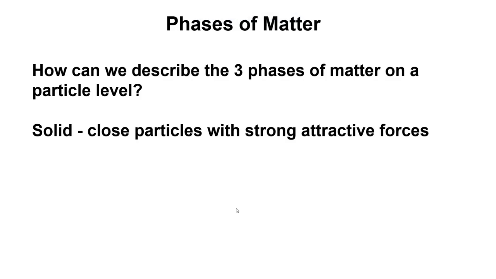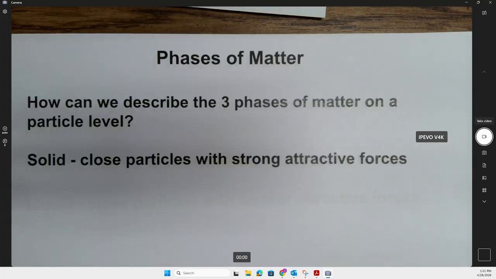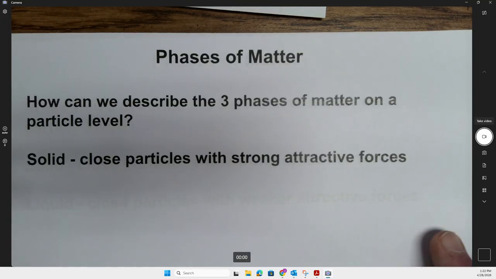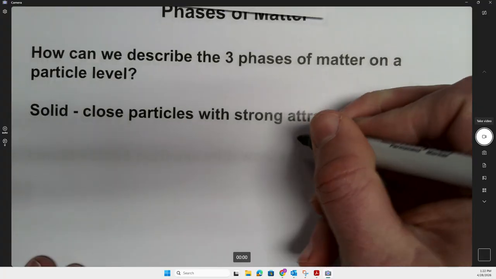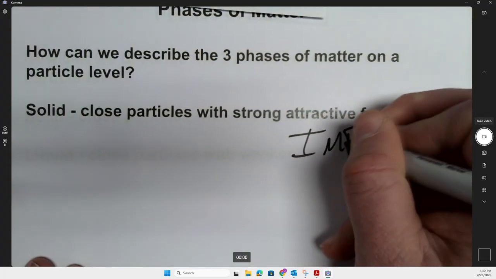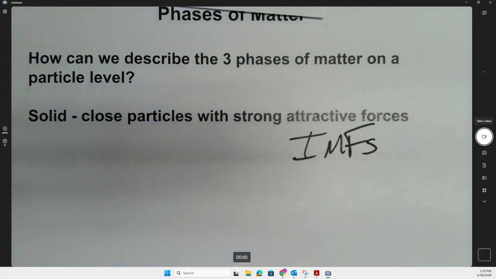Now, when we say solid, close particles with strong attractive forces. When I say strong attractive forces, of course, I can't write on the board to make this easy, so I've got to swap over to my camera real fast so we can write this down. What am I talking about? I am talking about those IMFs, those intermolecular forces.